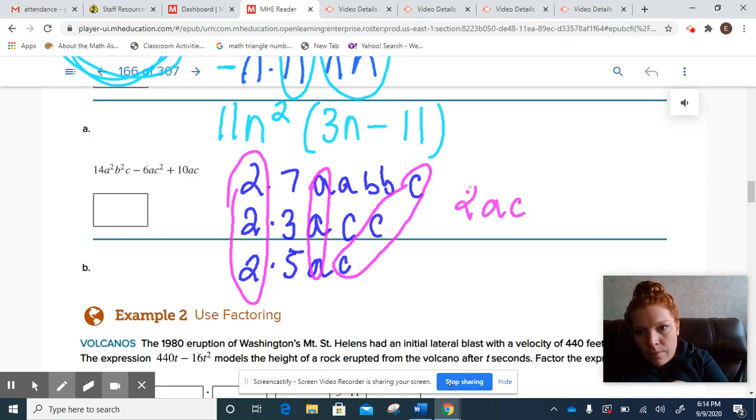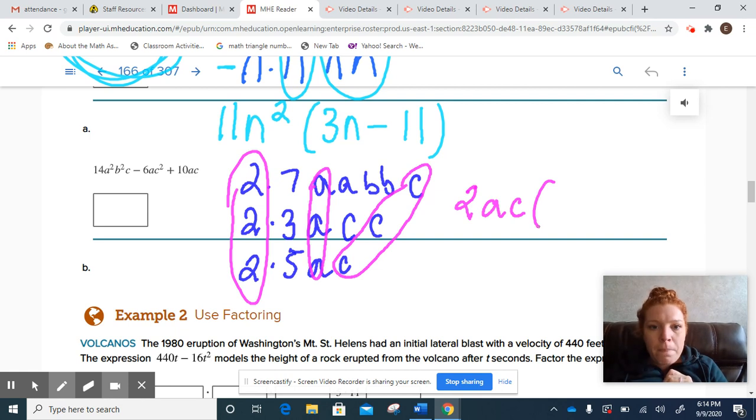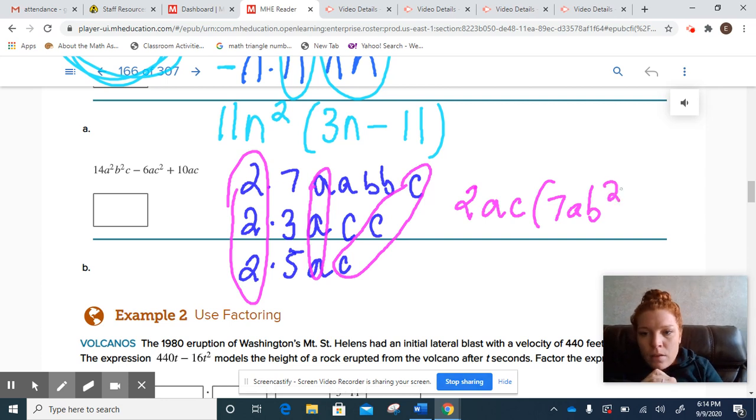2AC. Okay. Now I got to write what's left, starting from the top to the bottom, because that's the order in which it's being written off to the side over here. So I see for the first one, 7A and then B squared. Might run off the page here. I'm seeing, oh, I did it again. I forgot that negative.